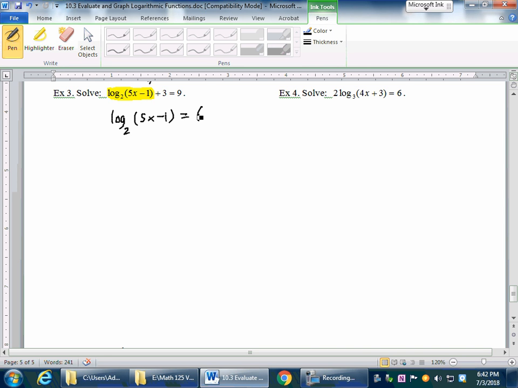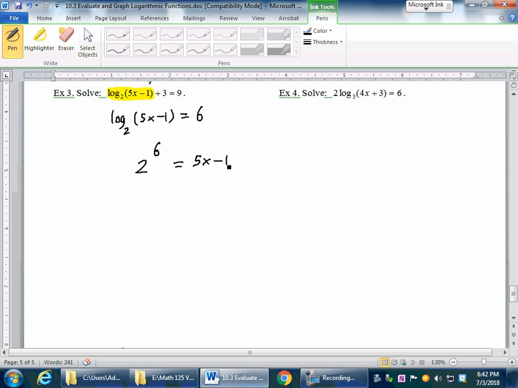Now, this looks exactly like the definition format: a single logarithm term on one side, a number on the other side. So I can use the definition to rewrite the equivalent exponential form, which is base 2 to the 6th power is equal to the argument of the logarithm.